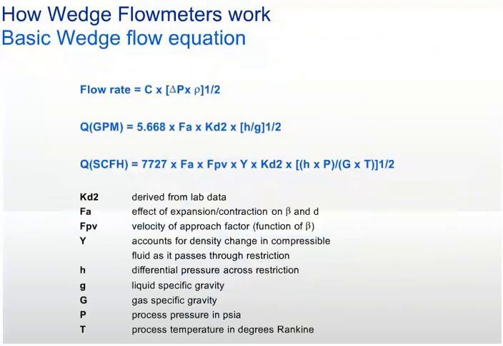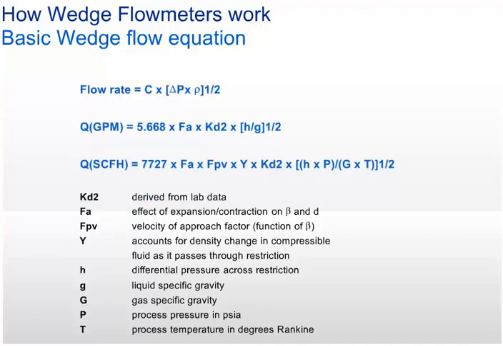The equations employed when using a wedge flow meter are a derivative of Bernoulli's energy equation. Factors such as Y, FA, and FPV are taken from engineering tables, whilst the balance are variables within the measured process. The wedge meter factor is Kd squared and is derived from the actual water calibration performed on a particular meter.